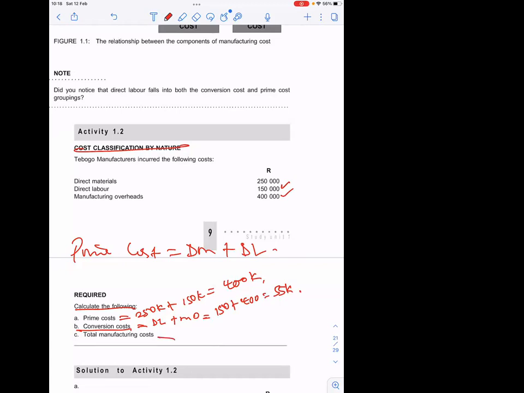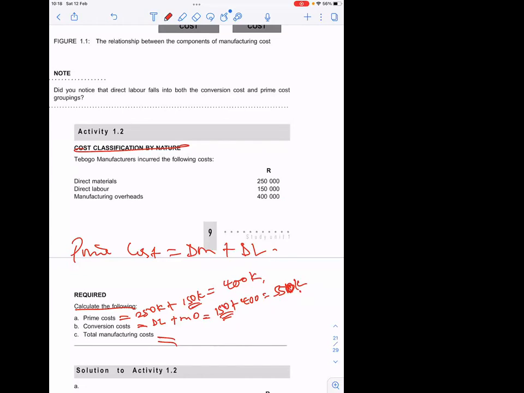Then they say total manufacturing cost, right? Total manufacturing cost is the sum of all the costs incurred. And don't make a mistake. Total manufacturing cost, good people, is not prime cost plus conversion cost. You'll be double counting, because in your prime cost, direct labor is there, and in your conversion cost, direct labor is there. So if I calculate my total cost as the sum of the two, I'll be double counting direct labor, right?